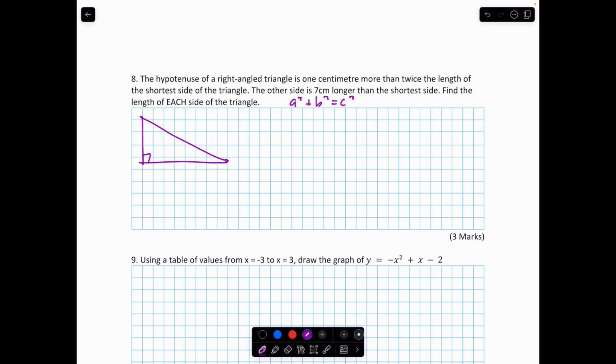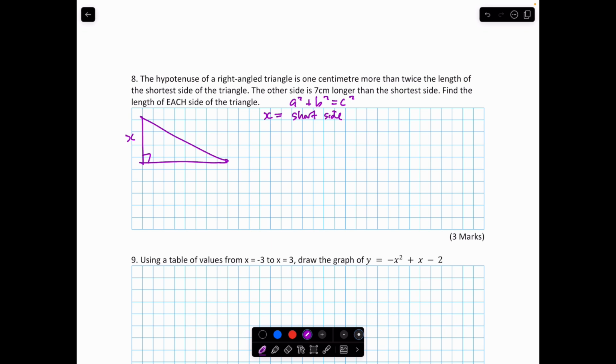The hypotenuse, the longest side. Find the length of each side of the triangle. It's not specifically telling you what the unknown should be, but I'm going to make the unknown the short side. X is the short side, and then let's look at the information.